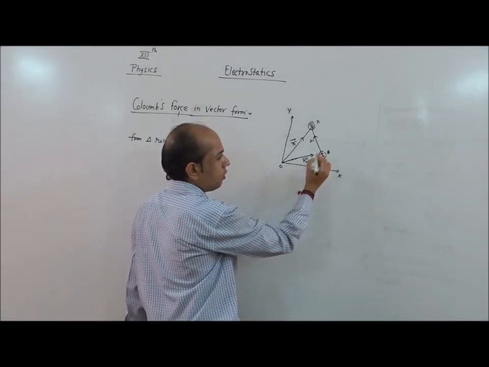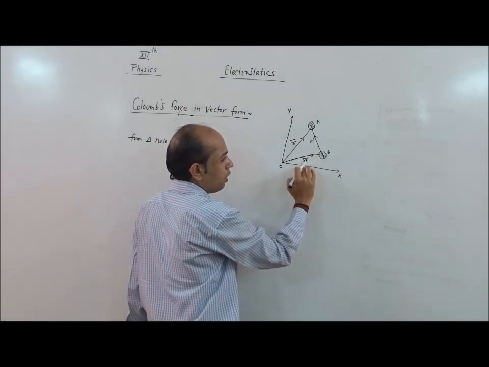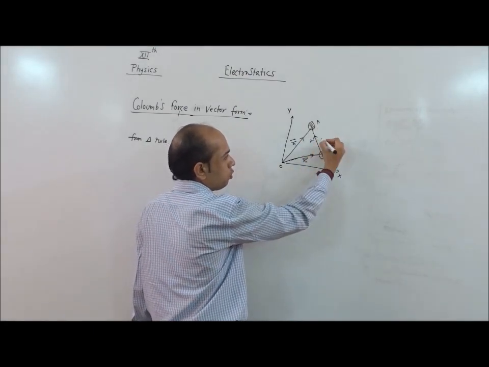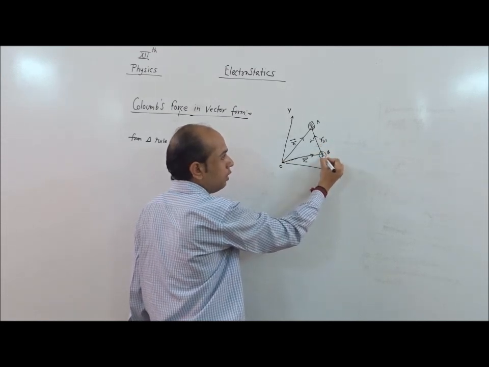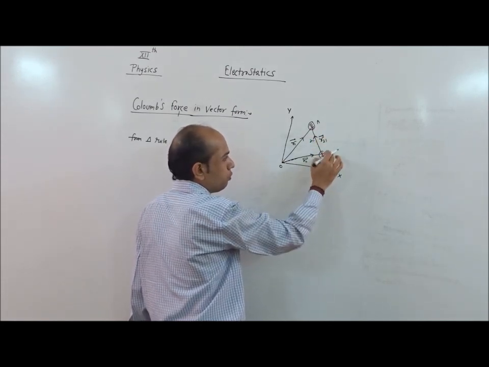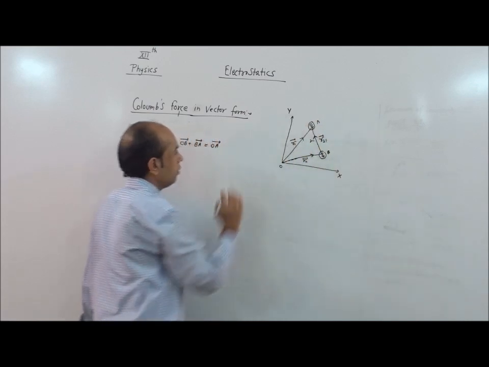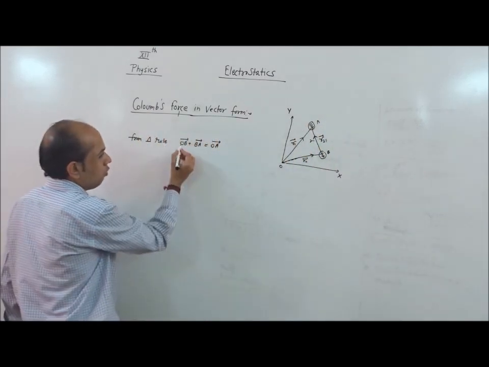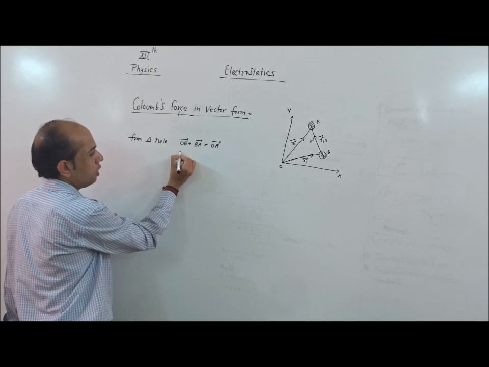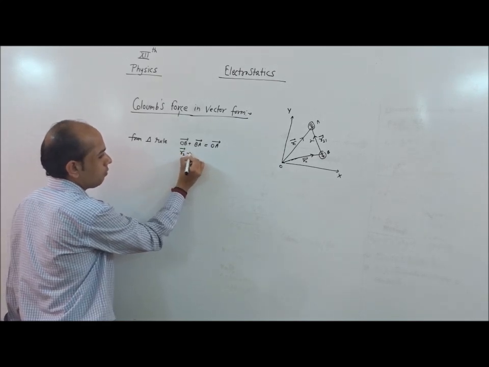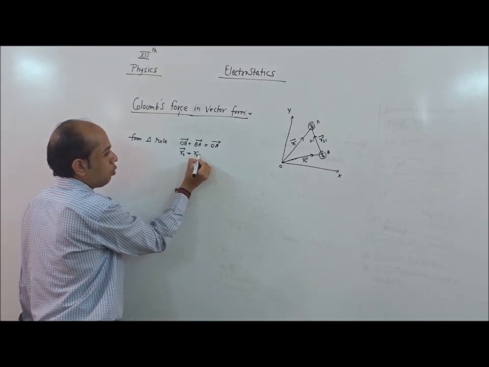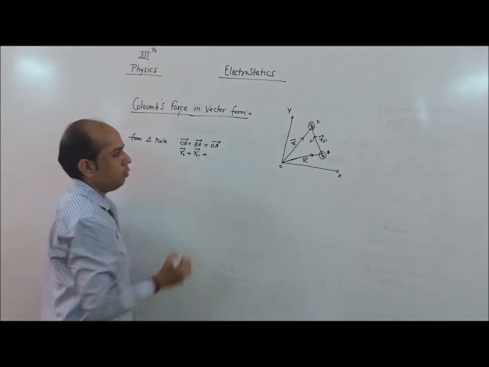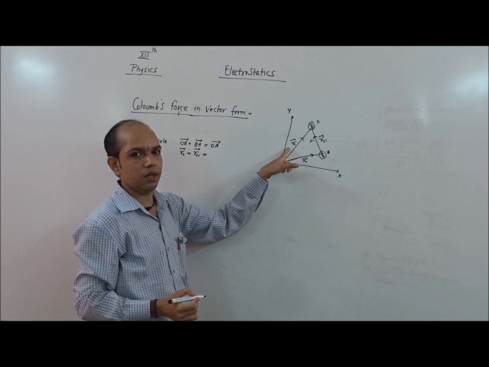Because we make an arrow here from 2 to 1, this side is represented by R21, because it goes from the second to the first charge. So the position vector is R21 instead of R. Now we put the values: OB is R2 vector, B to A is R21 vector, and O to A is R1.